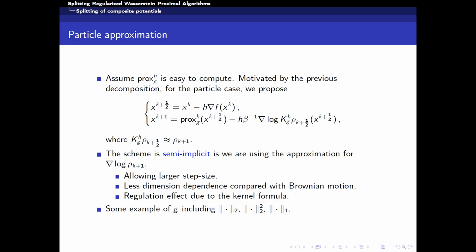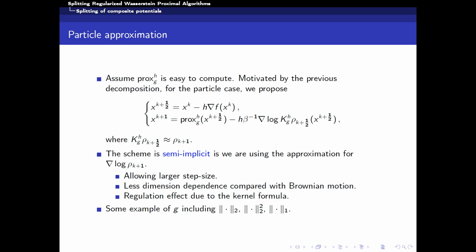Recall that this operator approximates the JKO scheme. So it means the kernel K applied on the density at rho k plus 1/2 gives us some kind of approximation of the density at time t k plus 1.